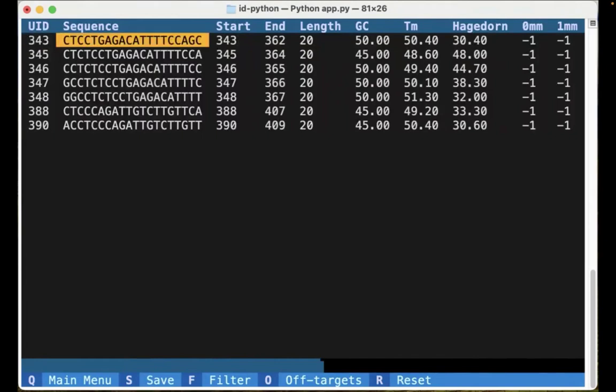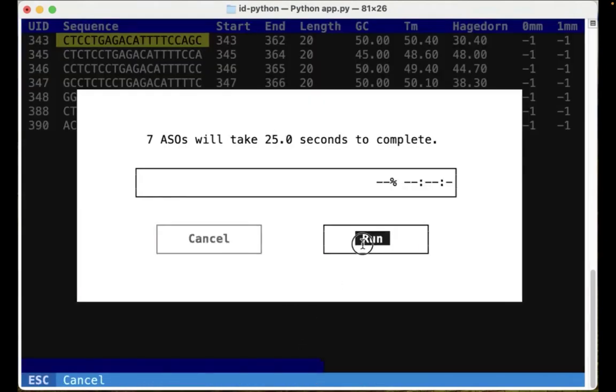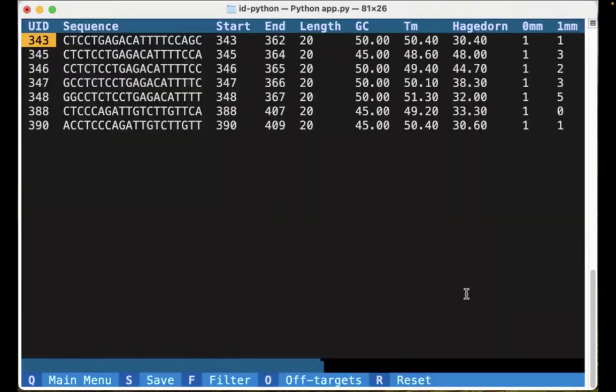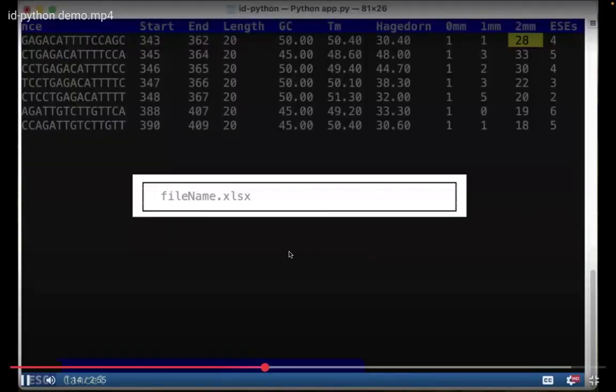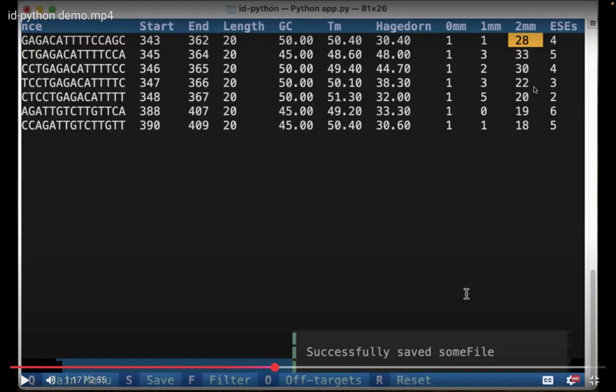Then he's going to run off-target analysis for those 7 designs that passed filtering, which takes a little bit of time, but I think it's just using the genome API. He's going to export this to an Excel file.